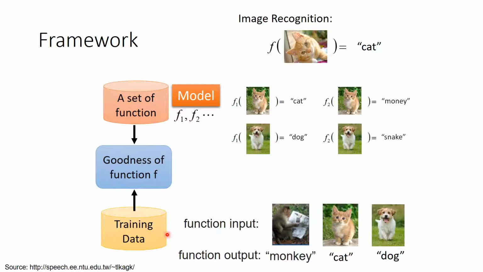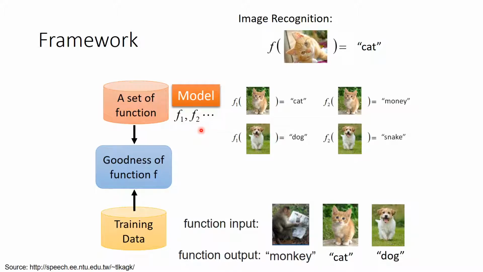In training data, these are all labeled. That means you have a figure and a corresponding correct answer, so you can know which model or which function will give you the most correct answer.